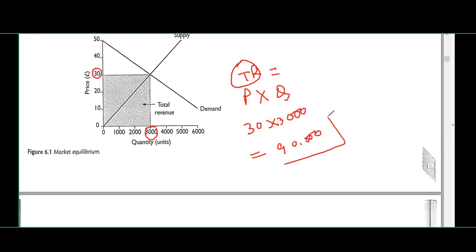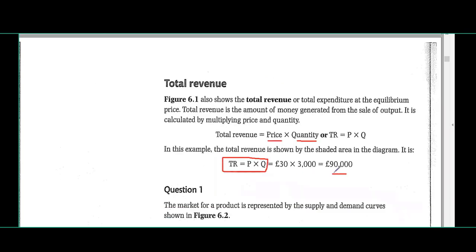That means selling 3000 units of anything, 3000 pieces of something, and each one's price is 30 taka. So the total amount of earning from that selling is 90,000 pounds. That is given here, 90,000 pounds. That is called total revenue.